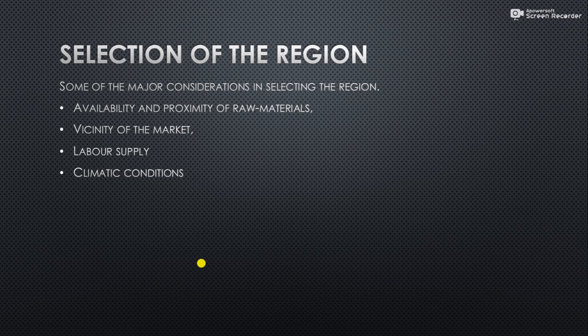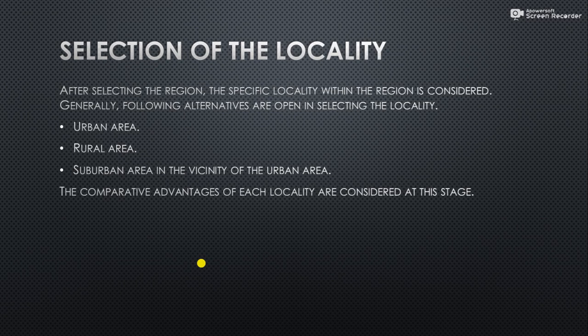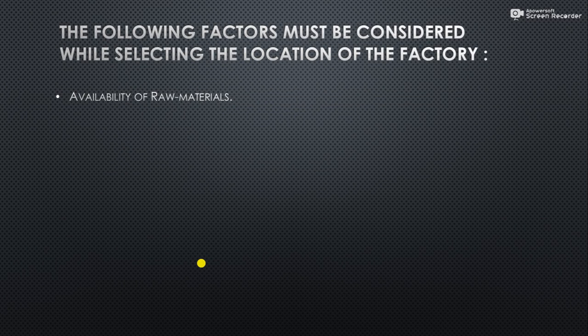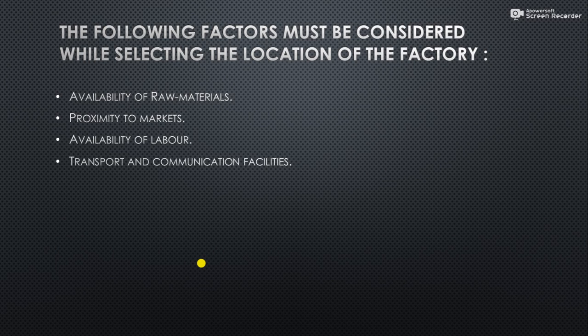Next thing is selection of locality. These are the following factors which affect the selection of location or locality. First is availability of market, proximity to market, availability of labor, transport communication, and it is also availability of power and fuel.